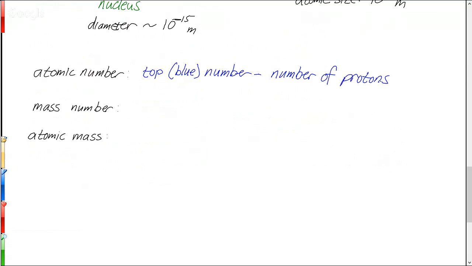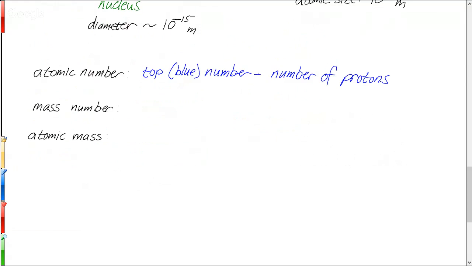So if you have 6 protons, that's C. If this atom has 6 protons, it is a carbon atom. Any atom with 6 protons is considered a carbon atom, always. If it has more than 6, it turns into something else. If it has fewer than 6, it turns into something else. So that always goes with the identity of the atom, how many protons it has.